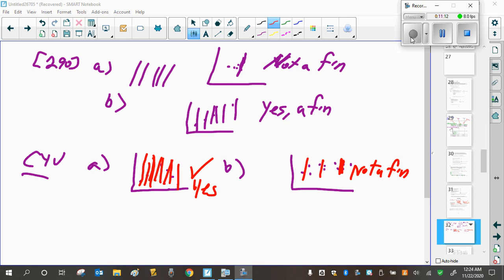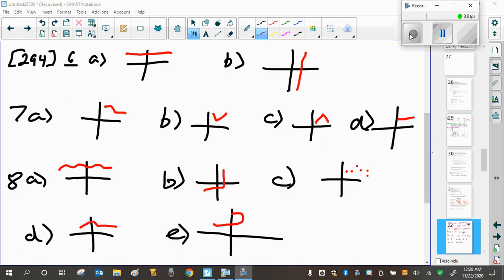So go ahead and do number 6, 7, and 8 on page 294, please. Maybe that's correct. 6 and 7 first, so give you 4 minutes, and maybe you have to write it down as well. Let's give you 5 minutes to do 6 and 7. Make sure you're on the right track.